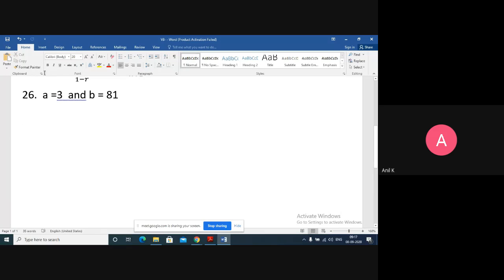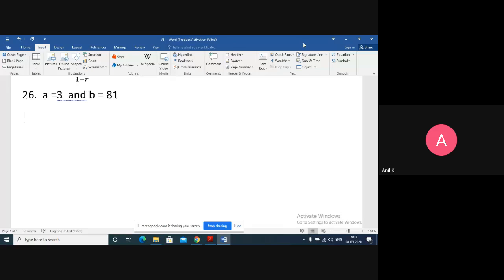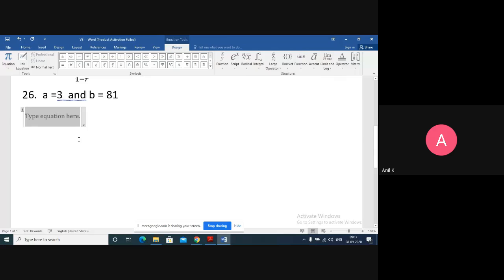So what is the formula for R, which we have discussed and derived, when you discuss the geometric mean? R equals B upon A whole to the power of 1 upon n plus 1.